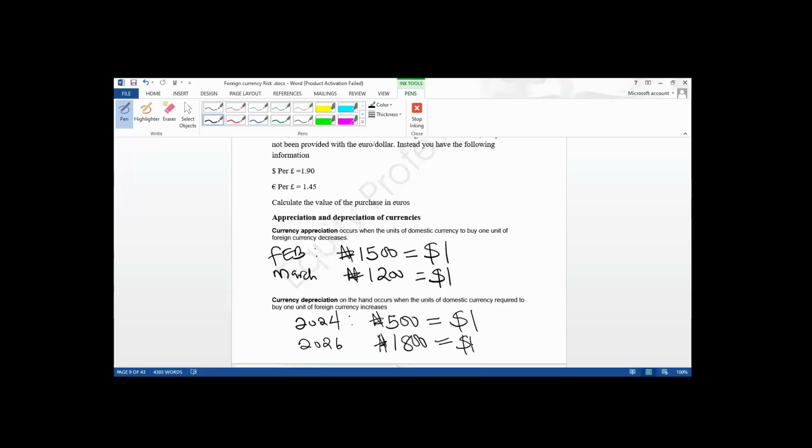The number of units of Naira needed to buy the same amount of dollar has increased. In this case, we say Naira has depreciated relative to dollar.